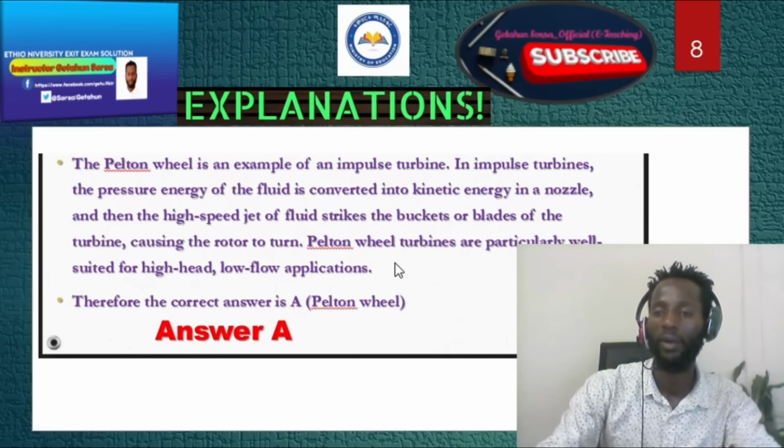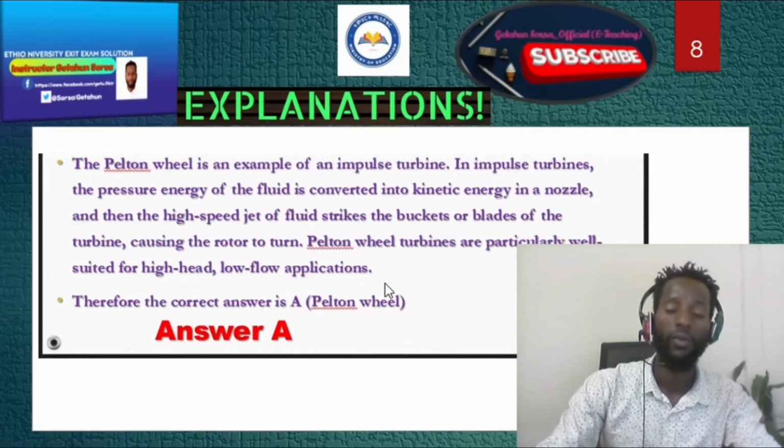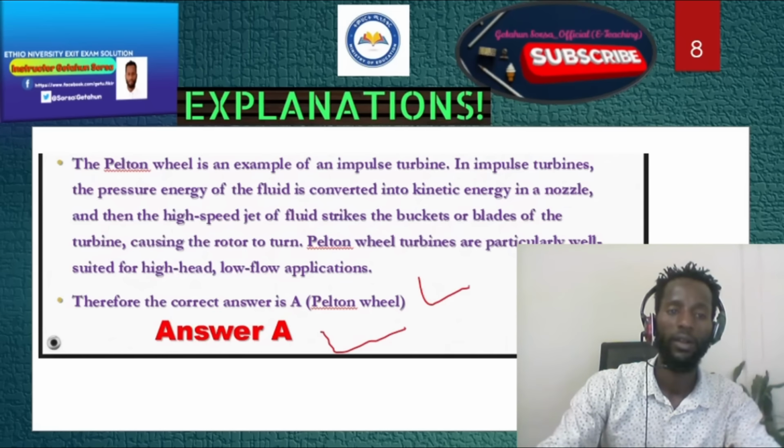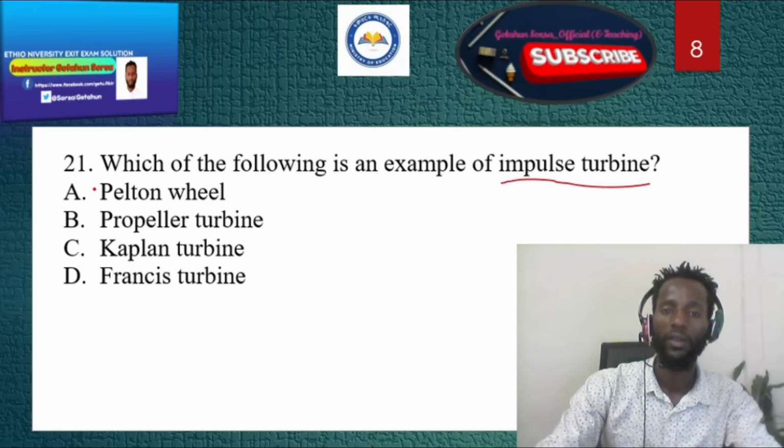Pelton wheel turbines are particularly well suited for high head, low flow applications. So the correct answer is choice A, Pelton wheel. Pelton wheel is an example of impulse turbine.